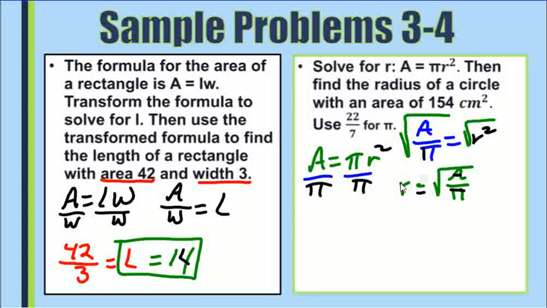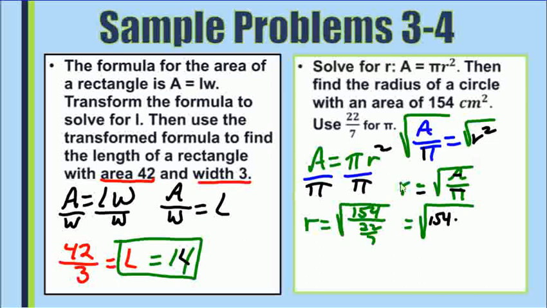And now I substitute my numbers in. So to find the radius, I have the square root of 154 divided by 22/7. When I'm dividing by a fraction, that's the same thing as taking your 154 times the reciprocal. So the reciprocal of 22/7 is 7 over 22.